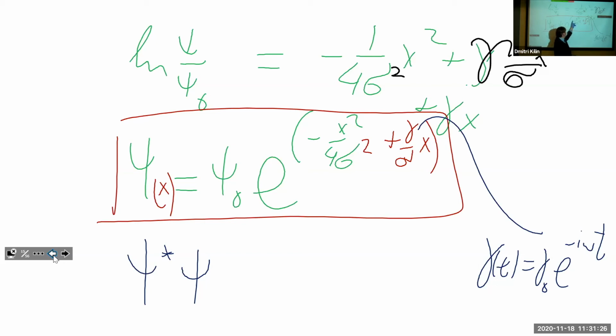What is very healthy and good is that we have a minus in front of x squared. It means that it will be, again, a Mexican sombrero. As the argument goes to plus infinity or minus infinity, the function will go to 0. So it is a good normalized function.